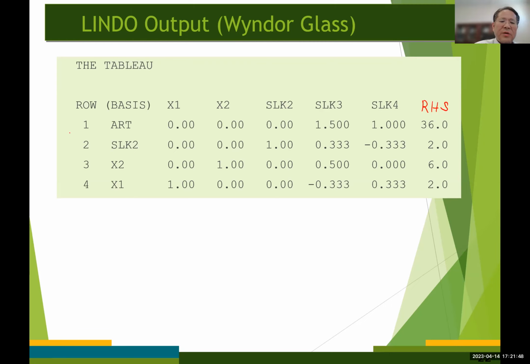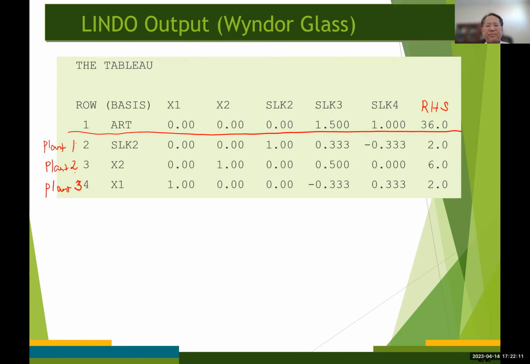So the first row is the objective function row. And the second row refers to the plant number 1 constraint. The third row is the plant number 2 constraint. The last row is the plant number 3 constraint. Okay.